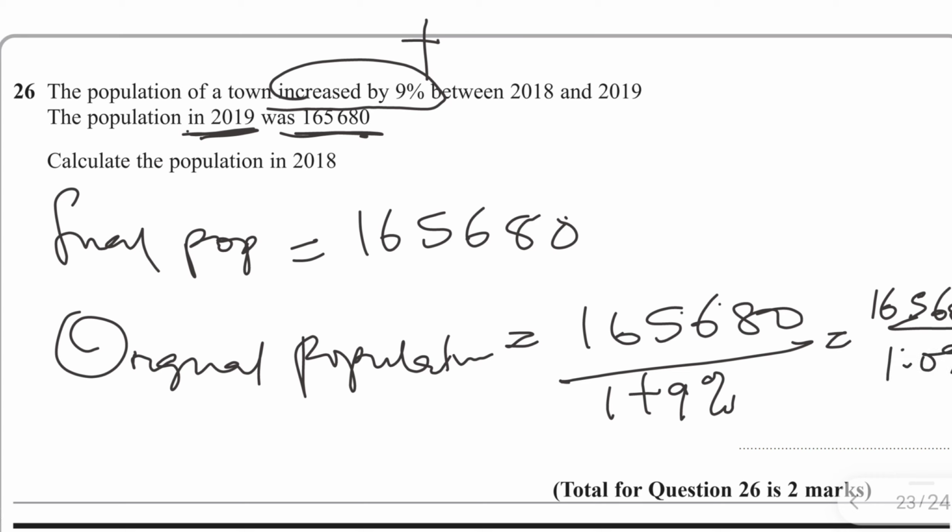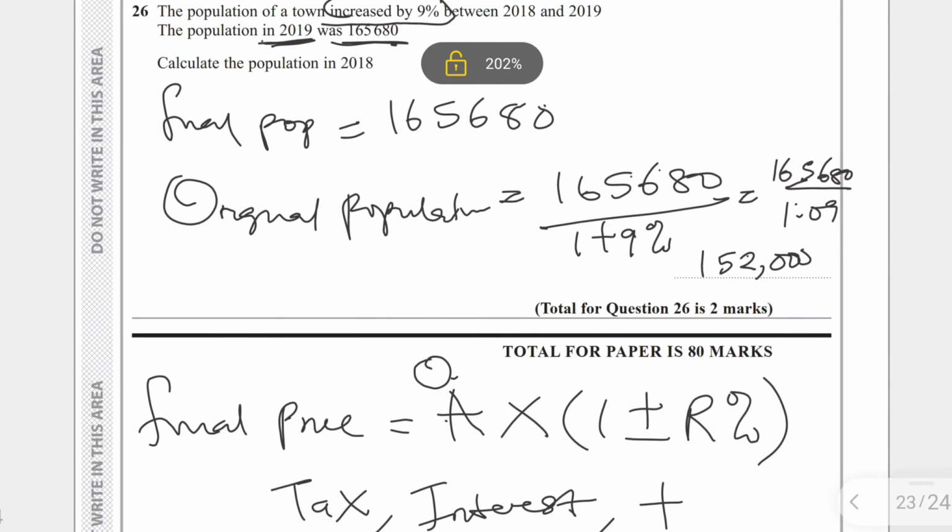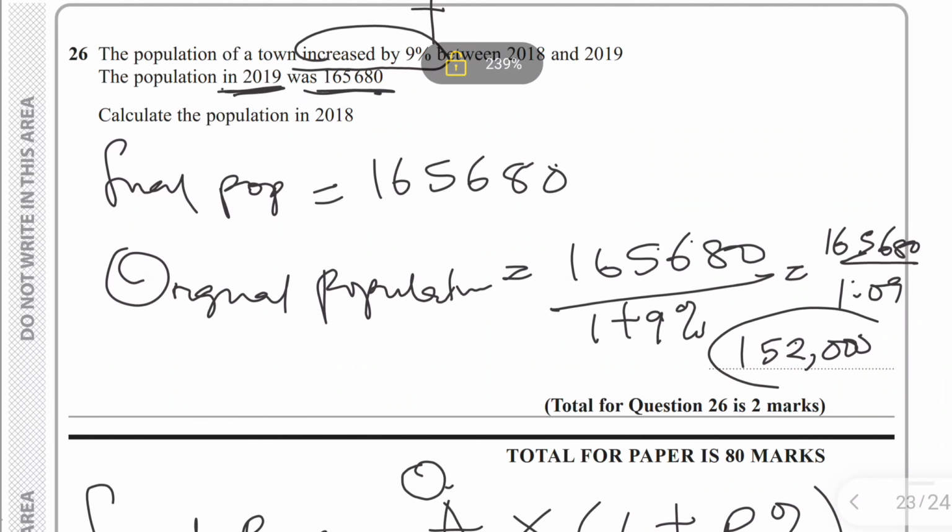So putting that on the calculator, 165,680 divided by 1.09, the answer is 152,000 people were in the country in the year 2018. And we are done.